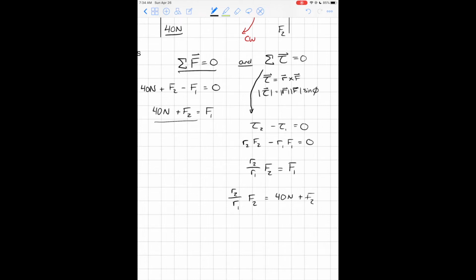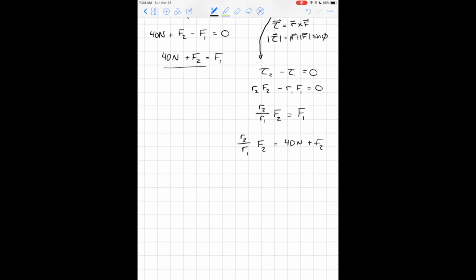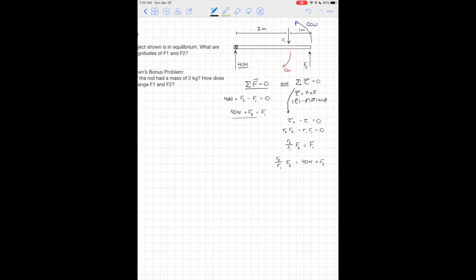Alright, so let's throw F2 on the other side, and maybe let's plug in some numbers here. From my pivot point, that's my R here, I have F2 that is 3 meters away.